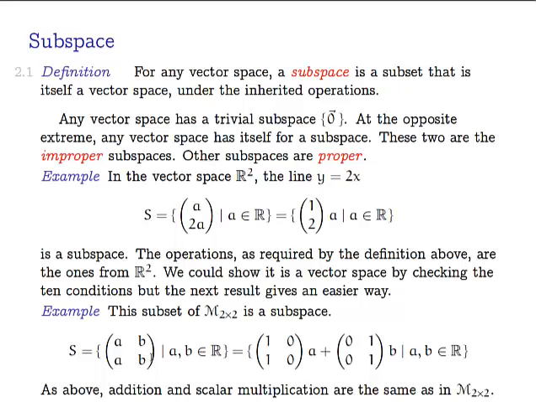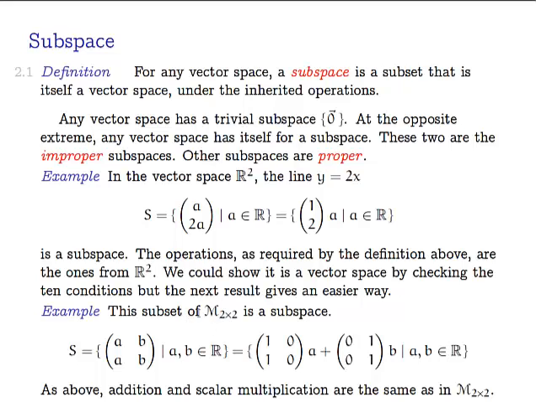Now, you could write this set in the following way. This is the span of these two vectors. You think of this as a matrix, but we're also thinking of this set of 2 by 2 matrices as a vector space. So this set S is the span of these two vectors in the vector space here.